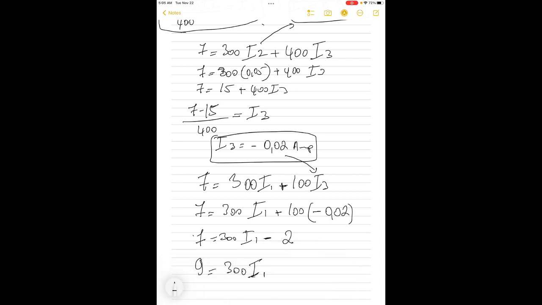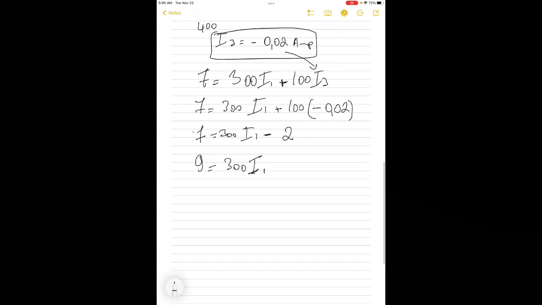So 9 divided by 300 equals I1. The amp in the first loop is equal to 0.03 amp.